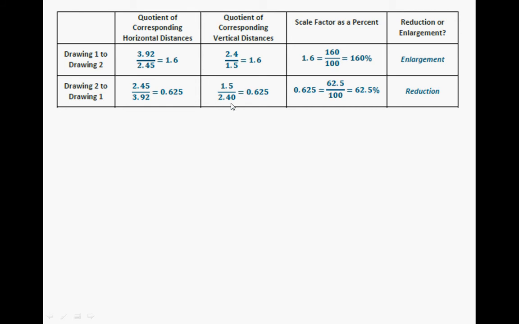The same thing happens with the vertical distances. So 625 thousandths, if we convert that to a percent, we would be dividing that by 10 to get a denominator of 100. So that would mean this fraction could be written as 62.5%, and this would be a reduction.